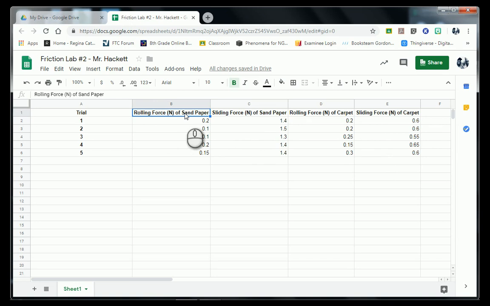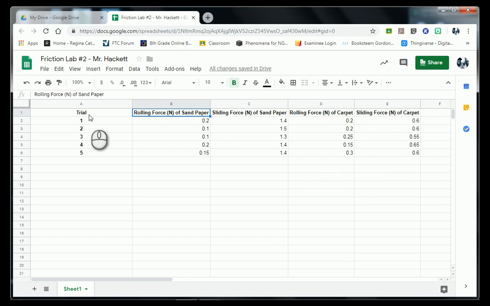Okay, so that's going to be an important topic that we're going to talk about. The force here has been reduced significantly using some sort of tool that can actually help us roll over a surface. And that's the same for both the carpet and the sandpaper. So the rolling force is smaller here, and it's smaller here when we compare it to the sliding force. All right, so that's something we can take into consideration.